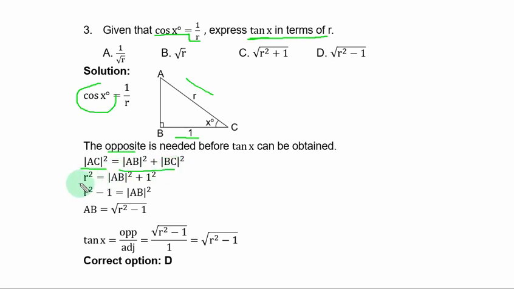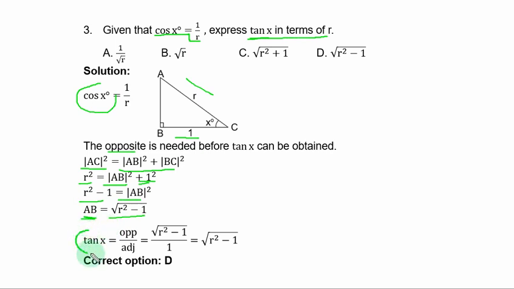Hypotenuse is r, so you have r squared equal to AB squared, that is the opposite, plus 1 squared, adjacent. If you transfer this to the left, you have this expression equal to this. Now, to get AB, you need to take the root of both sides, and you have this result.